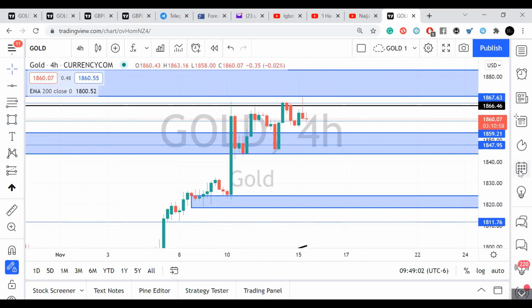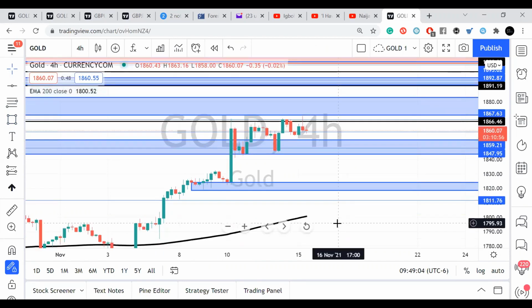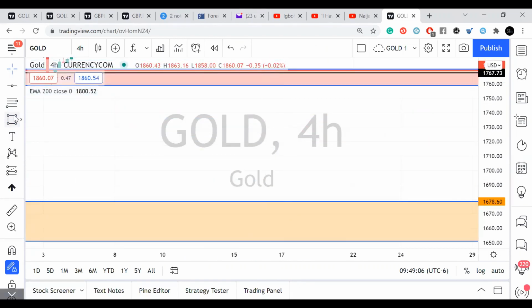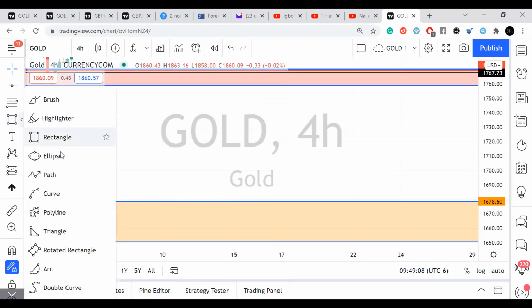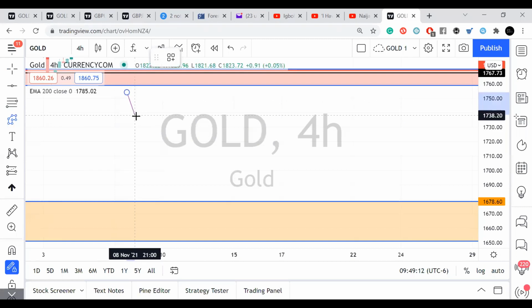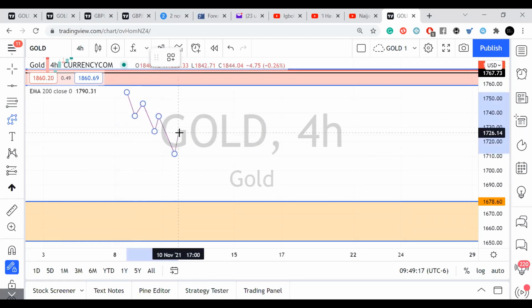You know how your price moves. Talking about market structure, price moves like this: come down, go up, come down, go up, come down, go up, come down.